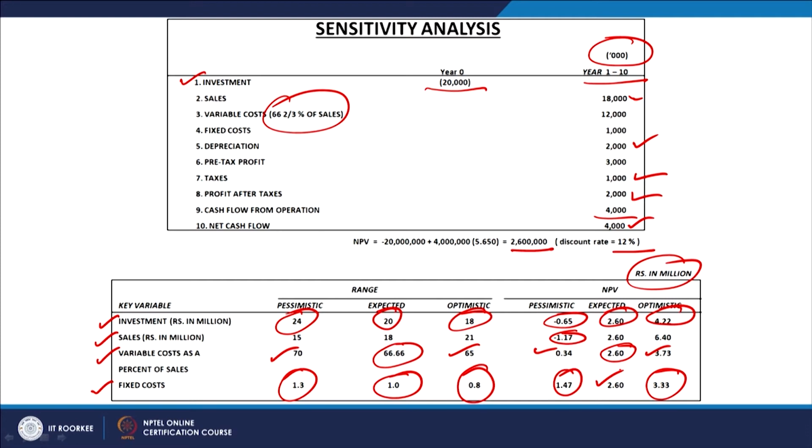Now, what is the basis of this change in the sales, or how likely is it going to happen and affect the performance of the project? That likelihood is not answered by this technique. The technique only says that if sales go down, what will happen, but how likely it is that sales will go down, and how likely it is that sales will go up, is not answered by this technique. So, this is one more important limitation of this particular method.